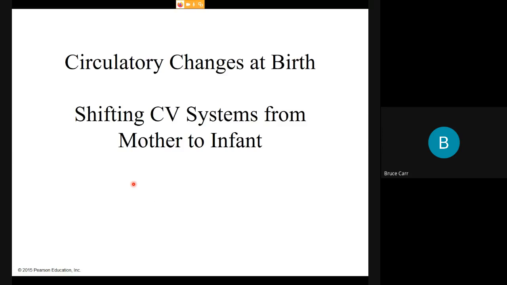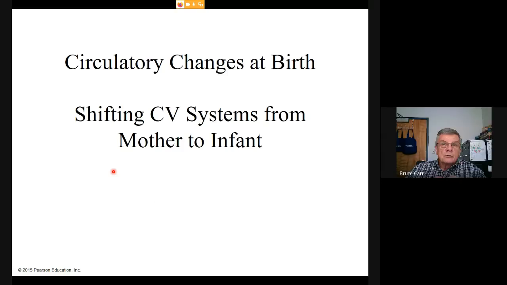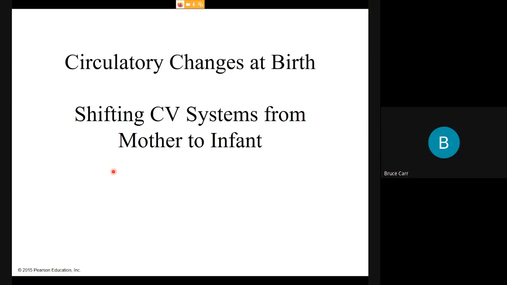The final question we posed is what happens to develop the cardiovascular and circulatory system? How is it that a multicellular fetus develops a cardiovascular system and starts it working? This is not the typical method for organ systems. For example, although we're developing lungs in the fetus, they are collapsed.